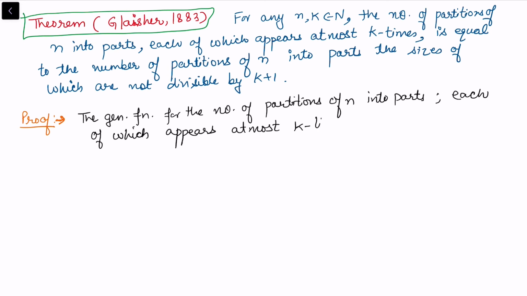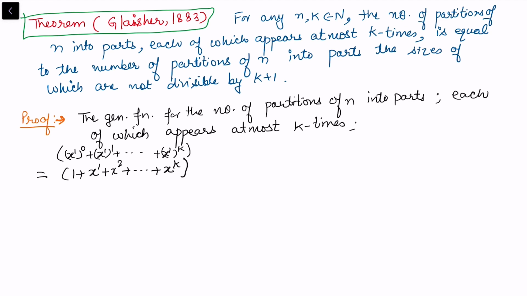That means the parts' multiplicity is fixed. So this will be simply 1 plus x. This is the first part, size 1, and it is appearing at most k times, up till k it will restrict. So this was like x to the power 1 appearing 0 times, x to the power 1 appearing 1 time, up to x to the power 1 appearing k times. That's it.